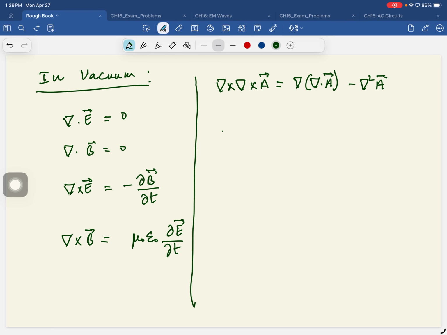I'll write it like so: Ay j plus del z square Az k.